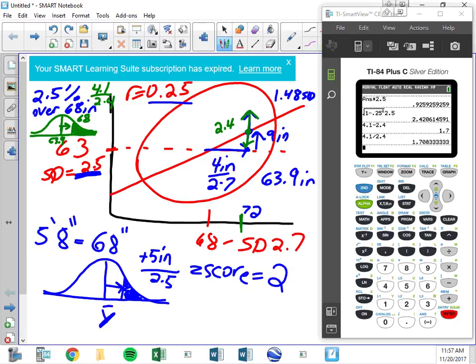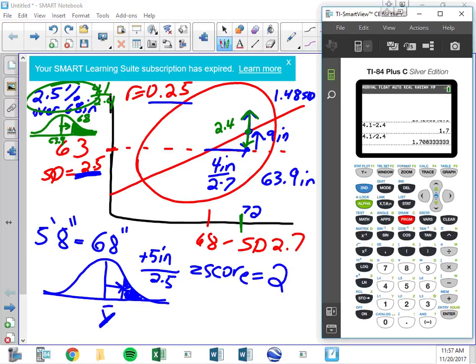Would I expect that to be higher or lower than this original 2.5? So we're looking at how many women are over 5'8". So 2.5% of the women are above 5'8". But if they have tall husbands, we would expect more.